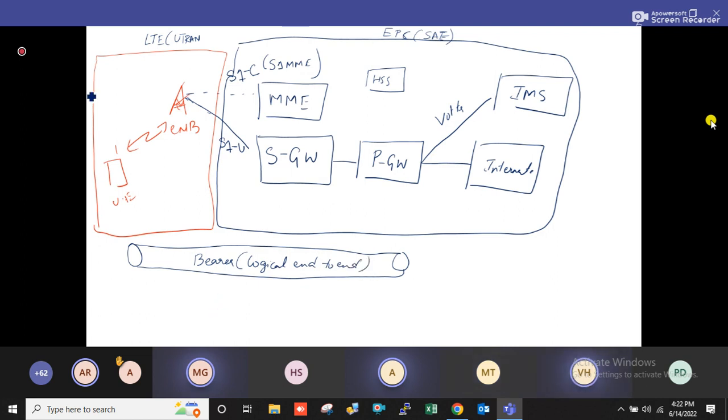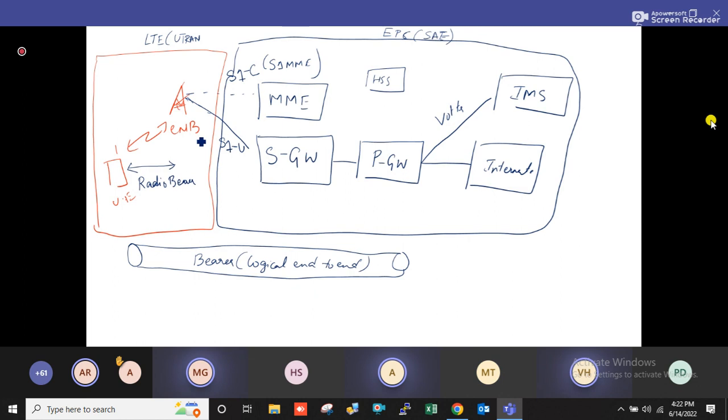Because physically I cannot have a connection between UE and P gateway. So UE is connected to P gateway via multiple interfaces. So this particular bearer is called as radio bearer. Okay, this particular bearer is called as radio bearer, right?